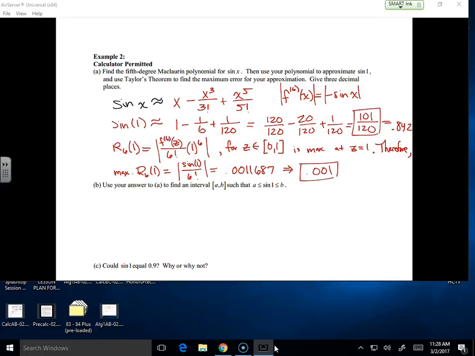So in letter B, when it says use your answer to A, we can go ahead and, guys, can't we do cool stuff like maybe store stuff, right? Yeah. We can assign this guy to be A, maybe assign this guy to be B. So we can say, therefore, sine of 1 is going to be less than or equal to. Now, if we had just done 1 instead of sine of 1, couldn't we just say less than?